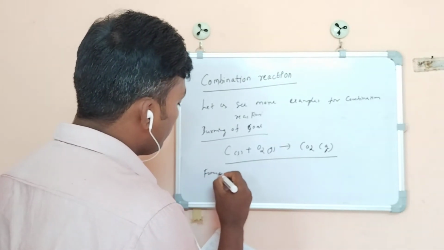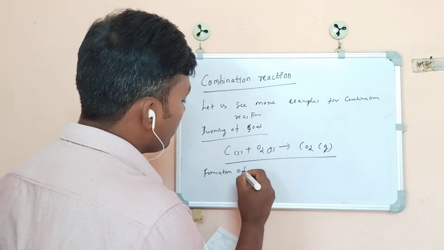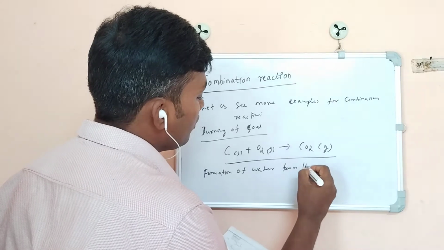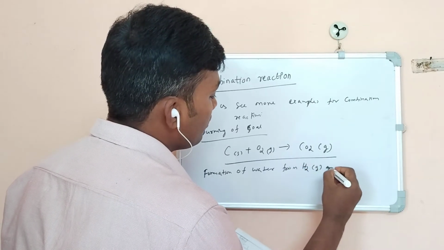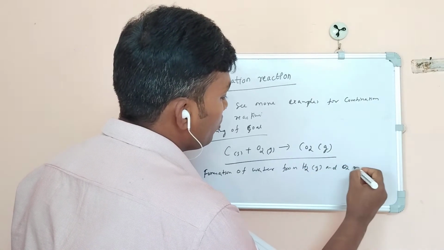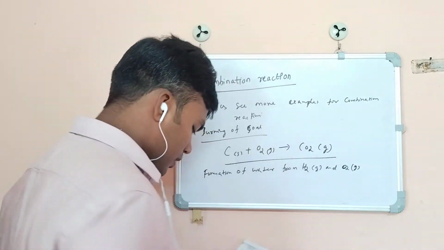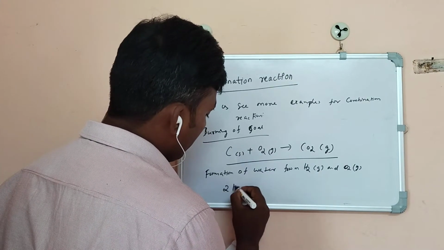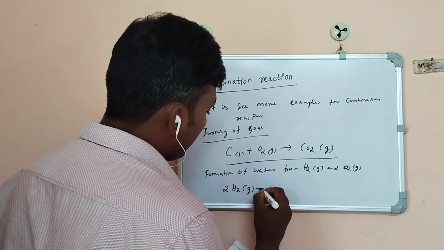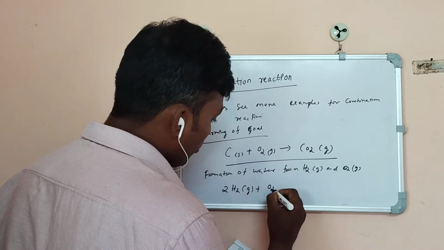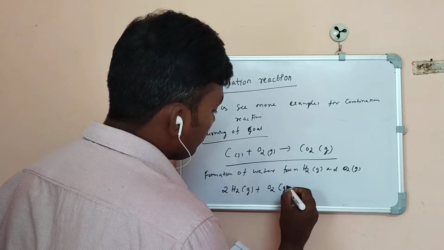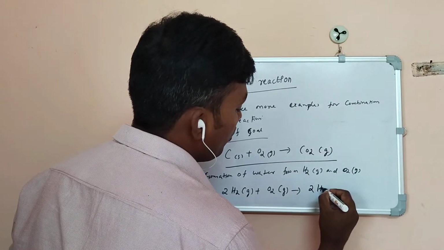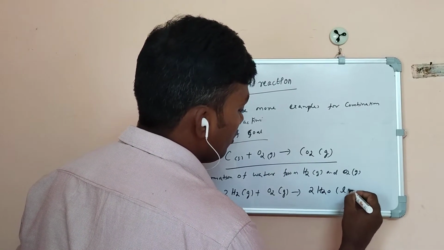Let's see some more examples. Formation of water from H2 gas and O2 gas. What's going to form here? 2 mole of H2 gas reacting with O2 gas to form 2 mole of H2O liquid.